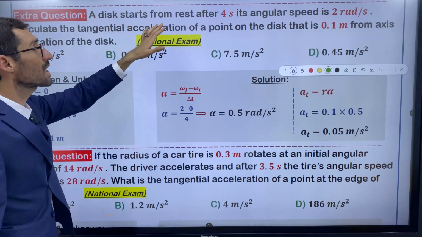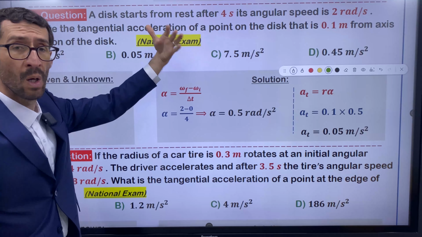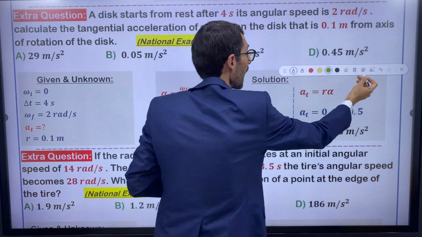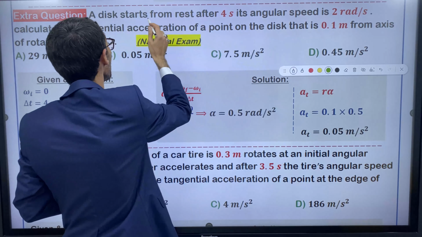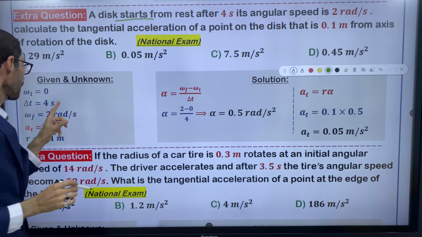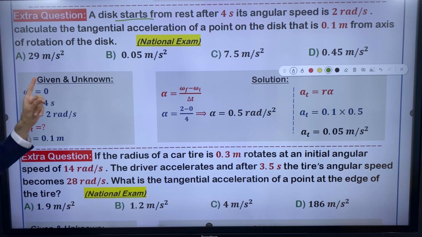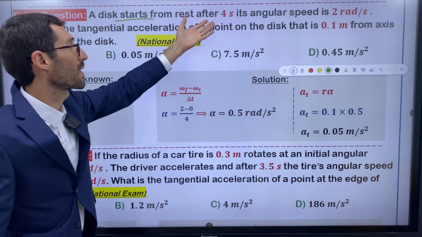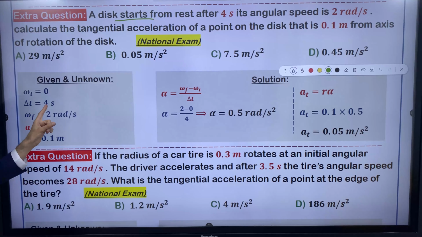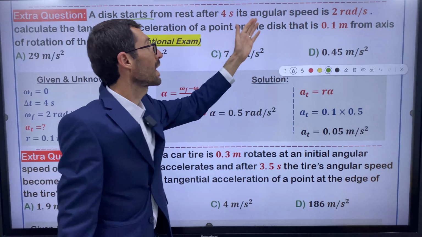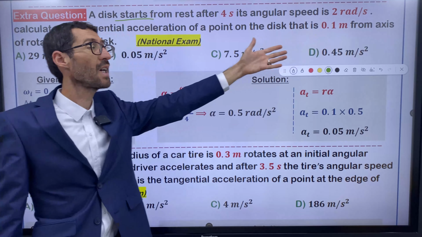A disk starts from rest. What does it mean? It means omega i is equal to 0. After a while, after 4 seconds, so delta t is equal to 4 seconds, its angular speed is 2 rad per second.